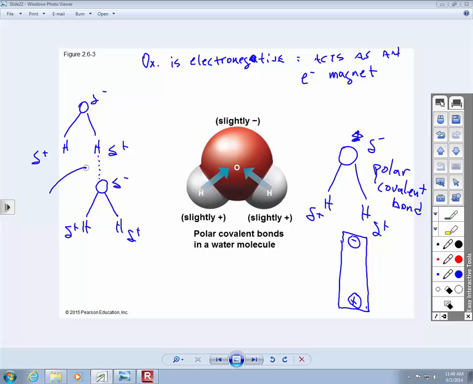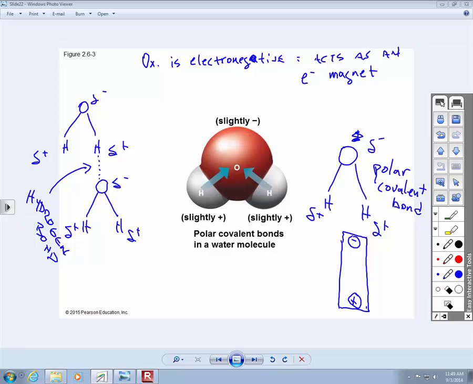So that partial positive does have that bond, which is very weak. It's the weakest of the bonds. That one is called a hydrogen bond. Very weak. You have the attraction of the positive end of one water molecule to the negative end of a second water molecule.